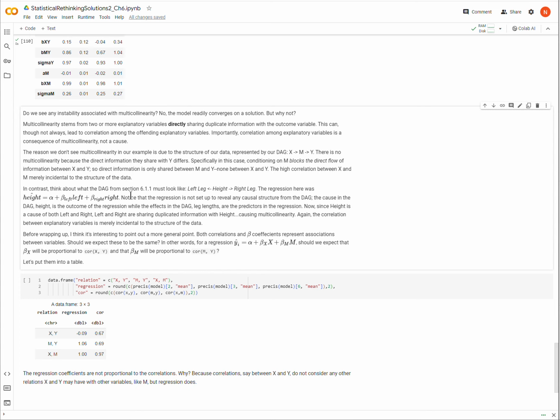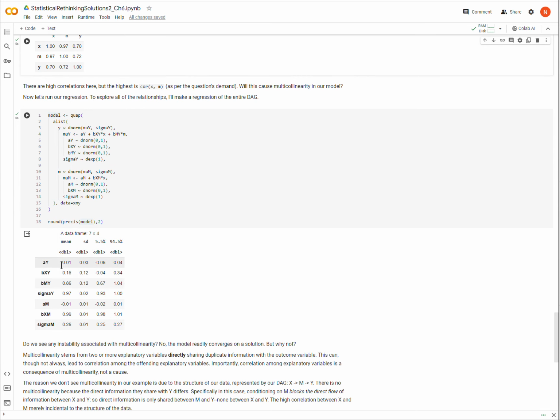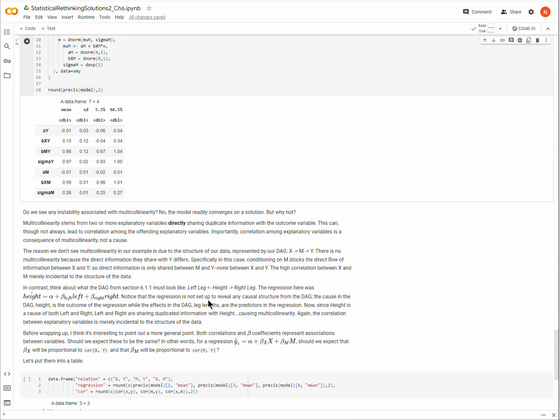Before I close out here, I think there's a more general point to make. Our correlation coefficients and our beta coefficients both represent some kind of relationship between variables.